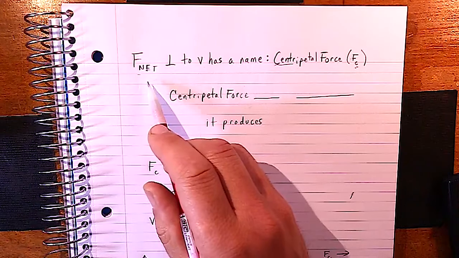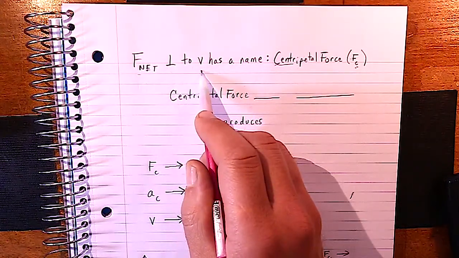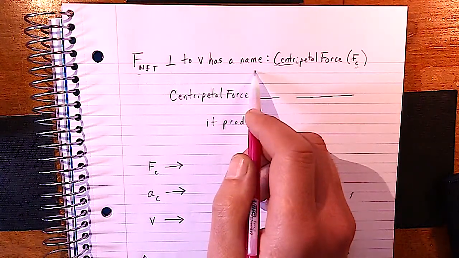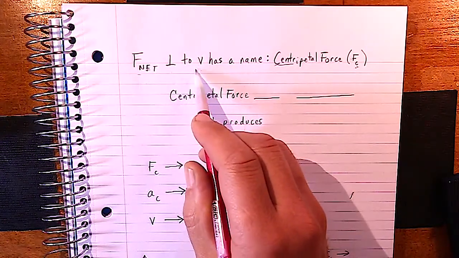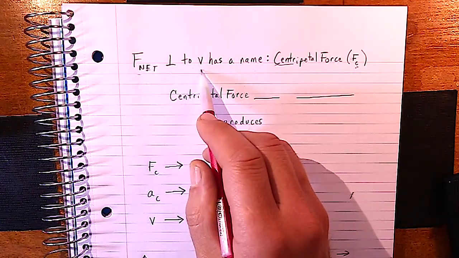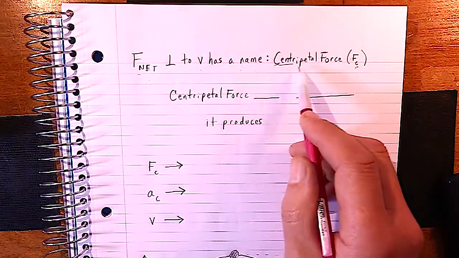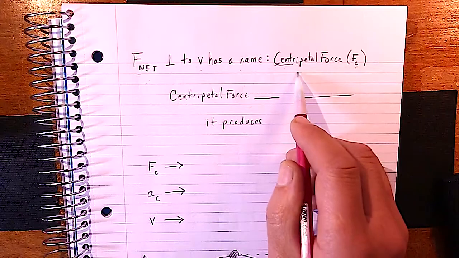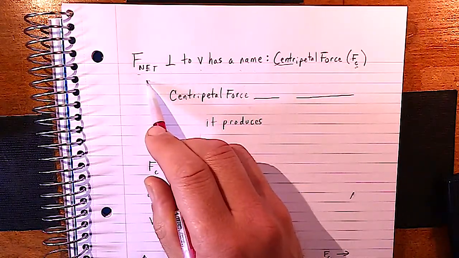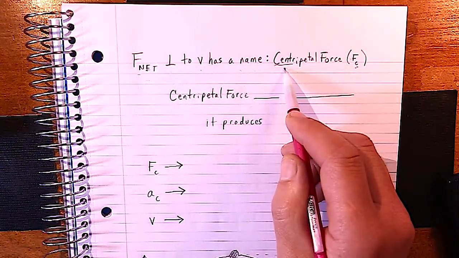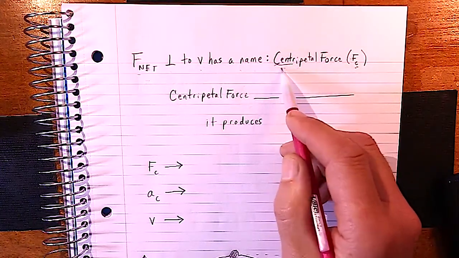When the net force is perpendicular to the velocity, it has a name. If it's perpendicular to the velocity, it's acting towards the center of the circle. So we call this net force a centripetal force, but don't forget that it's still a net force. So that centripetal force, how can we remember that it acts to the center?